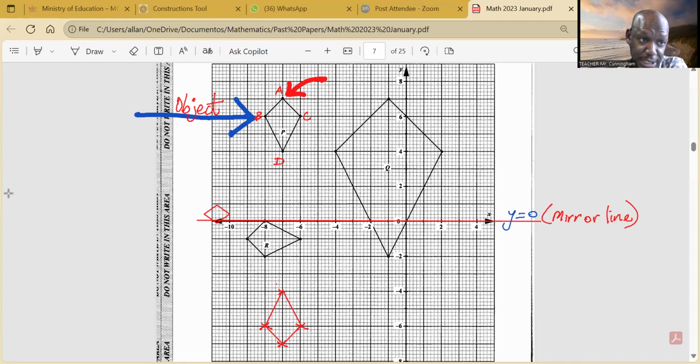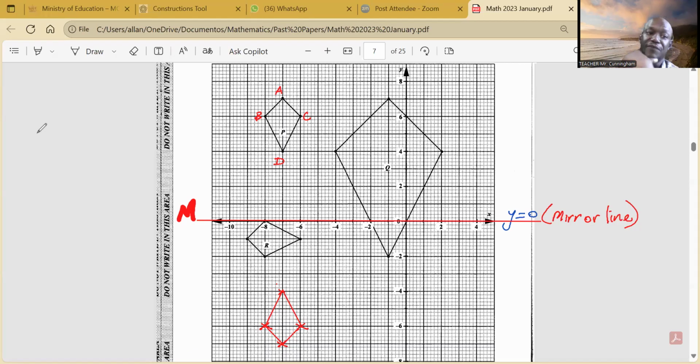Doesn't really slant. Darius, the mirror line is this line here. This is my mirror.